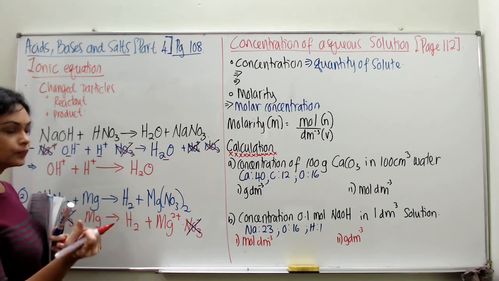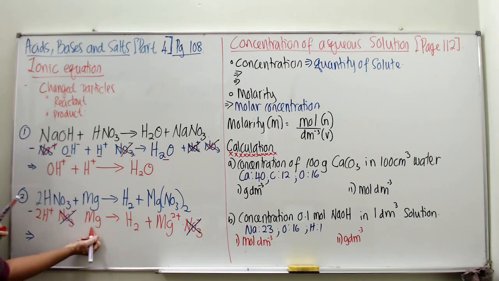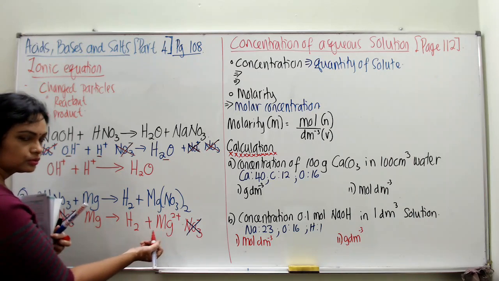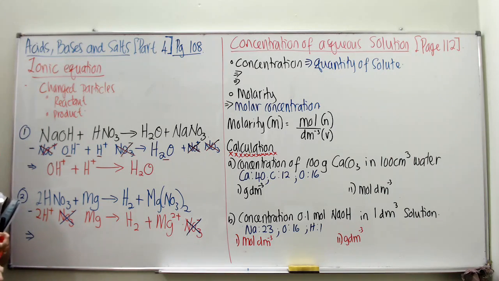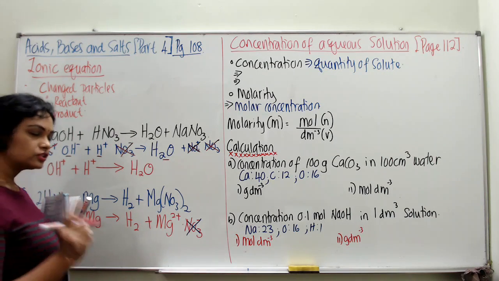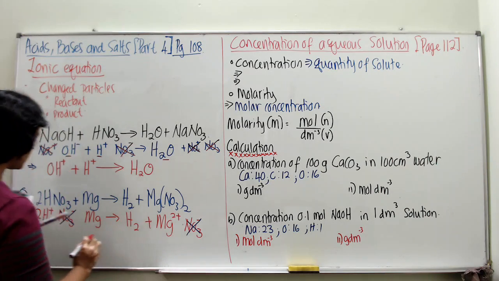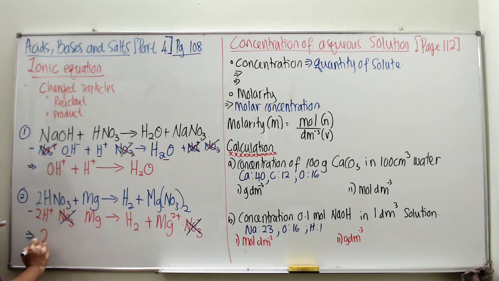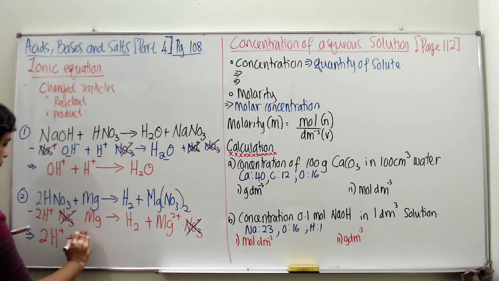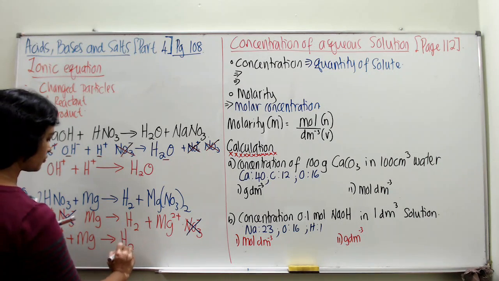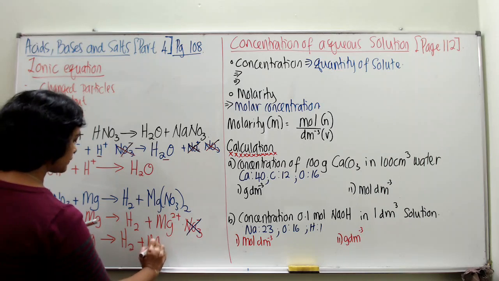Now look at magnesium. Magnesium is in the form of atom. Now it has changed into ion. So we can consider that magnesium has gone through changes. So that is the reason why the ionic equation is this: produces hydrogen in the form of molecule plus magnesium ion.